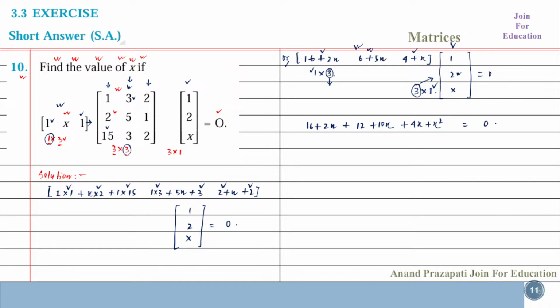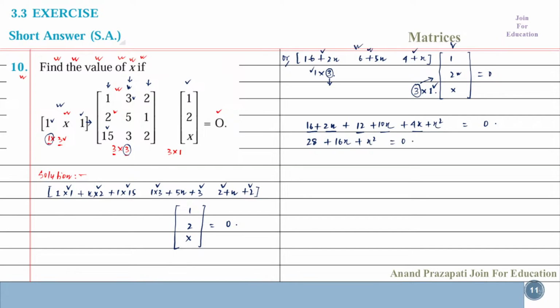There is no problem to understand up to this step. So let's see here 16 plus 12 equal to 28. 2x plus 10x plus 4x equal to 16x, and here will be plus x square.